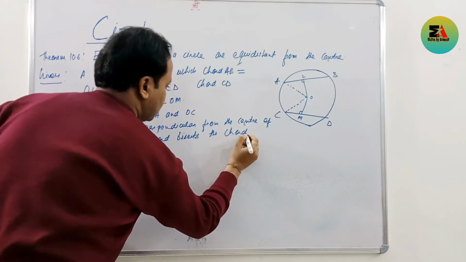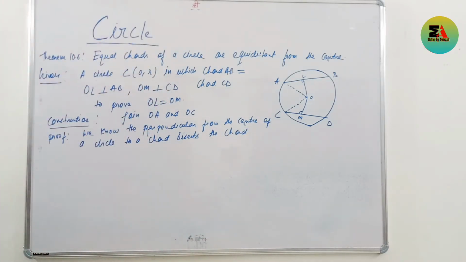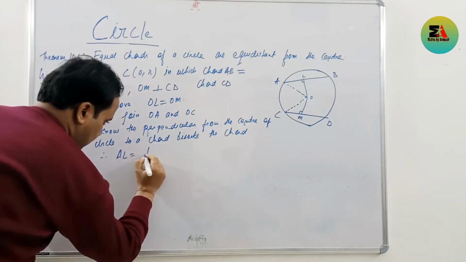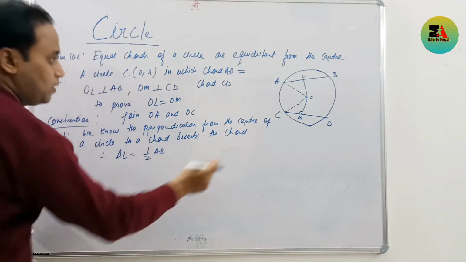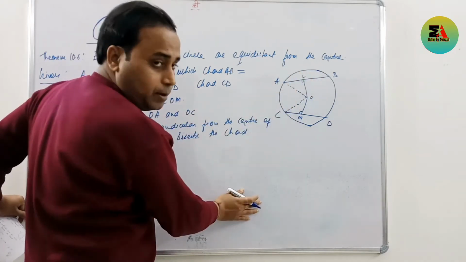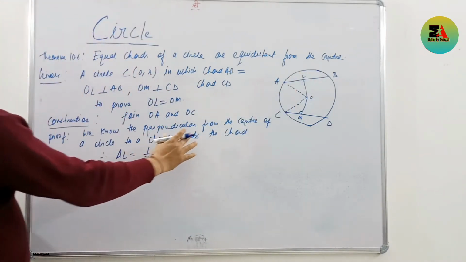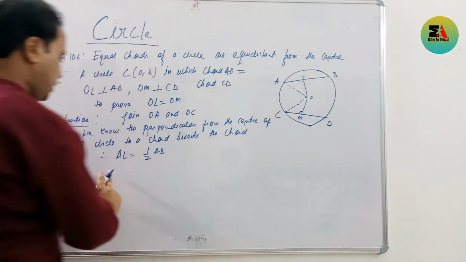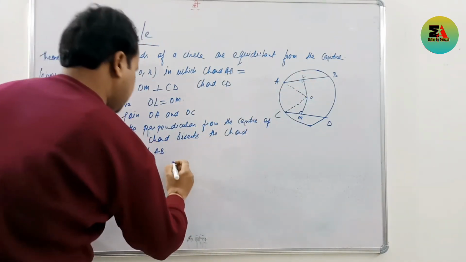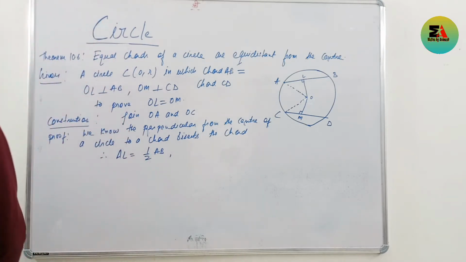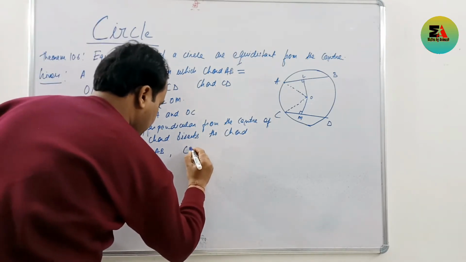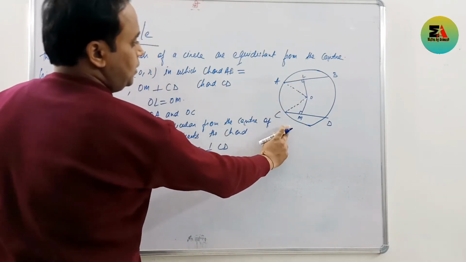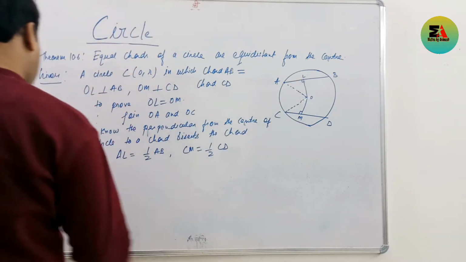This we know. Therefore AL is half of AB, since OL is perpendicular to AB, and we know that the perpendicular from the center to a chord bisects the chord. So AL is equal to half of AB, same as CM is equal to half of CD.